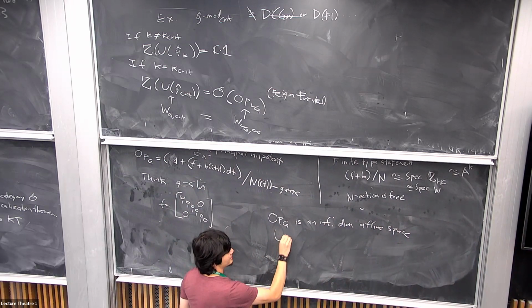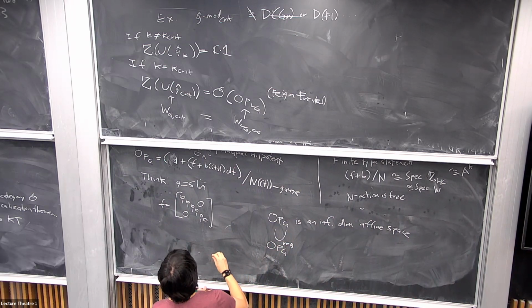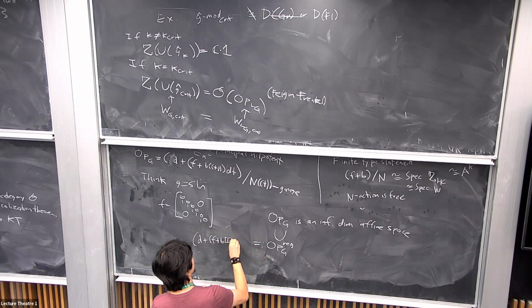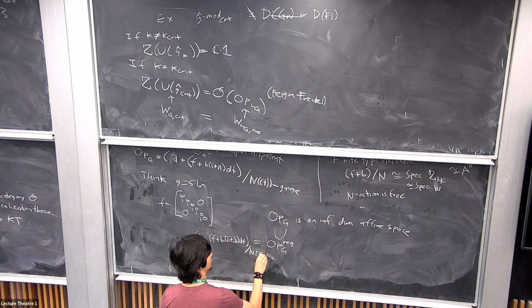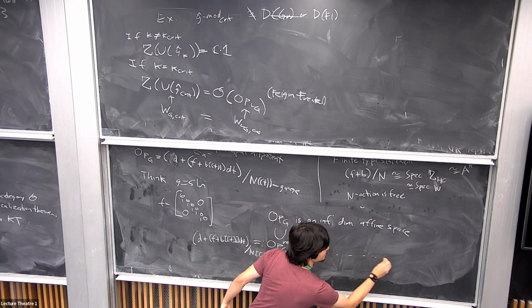And inside this we have Op_G^reg, which is the same thing, but where instead of Laurent series, I take power series. And this is also an infinite dimensional affine space.